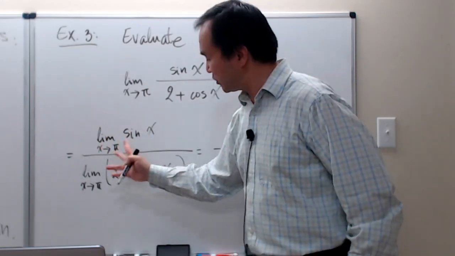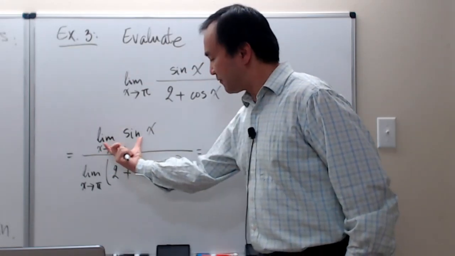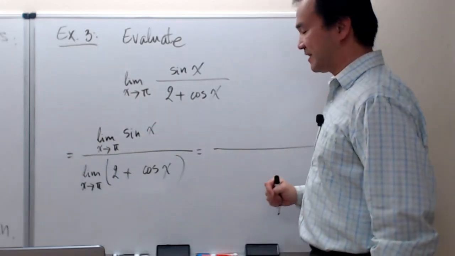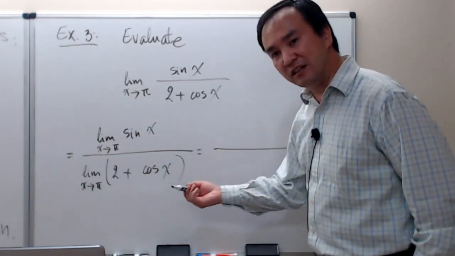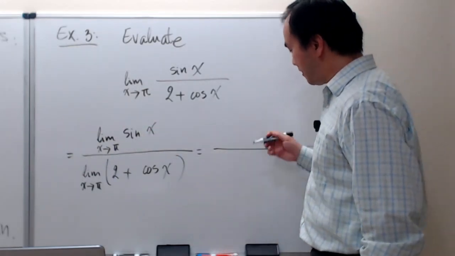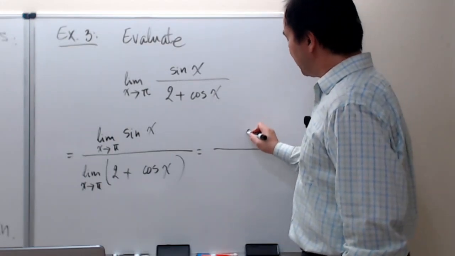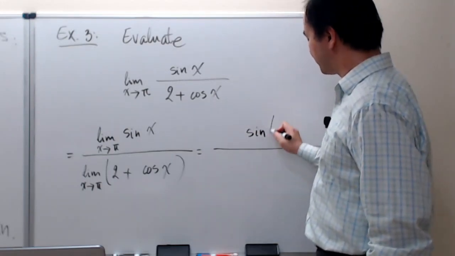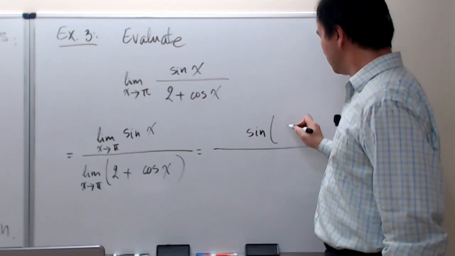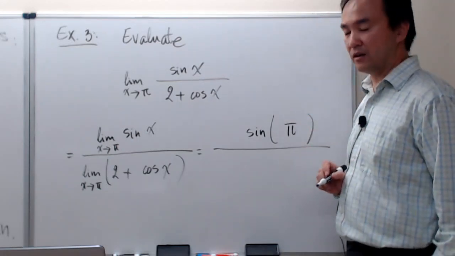And of course, we also learned how to find the limit for something like this in an earlier lecture, as some of the other limits outside of the polynomial. Then this is simply sine of pi, and we know that.